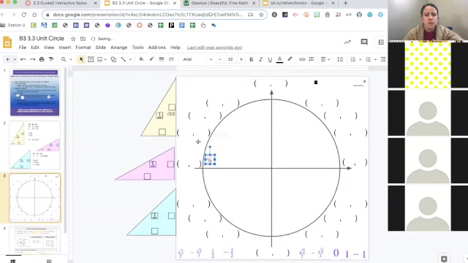Also, something I forgot to say in the beginning is if you are working dual screen, which I actually do recommend, there's a shortcut on your Chromebook where you can put the Zoom on the left side and what you're working on the right side, or opposite, doesn't matter.